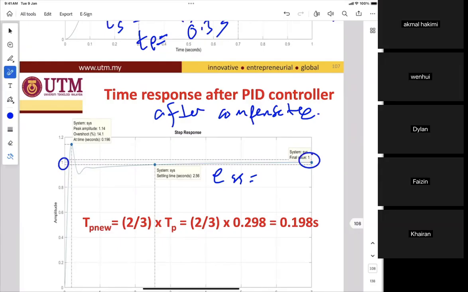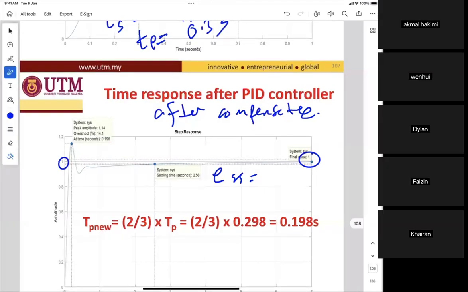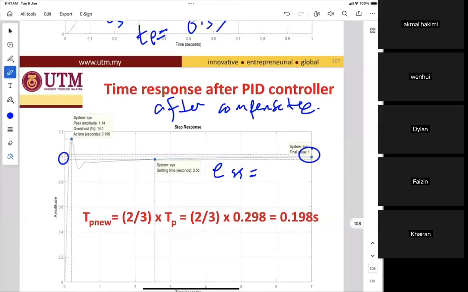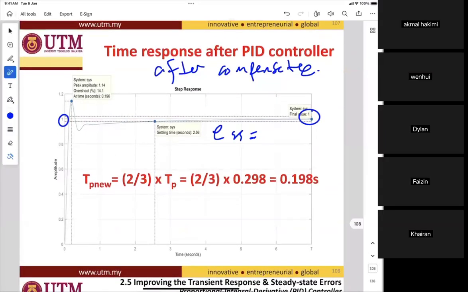Pak Izin, what is the steady state error? It is zero at the very last. At the very last it is zero.